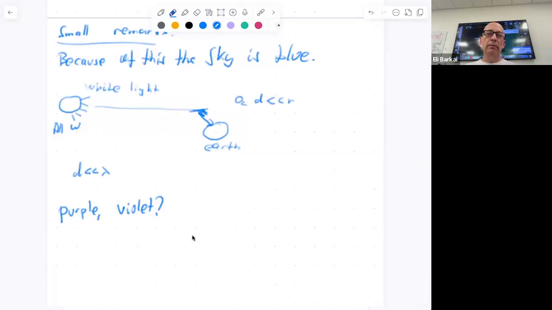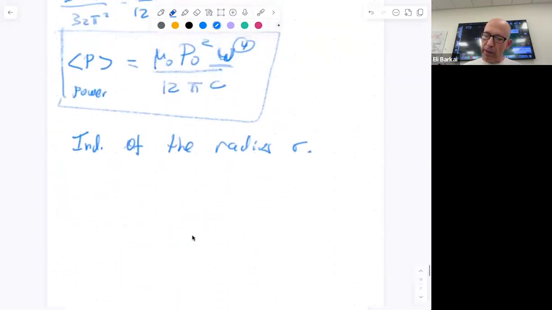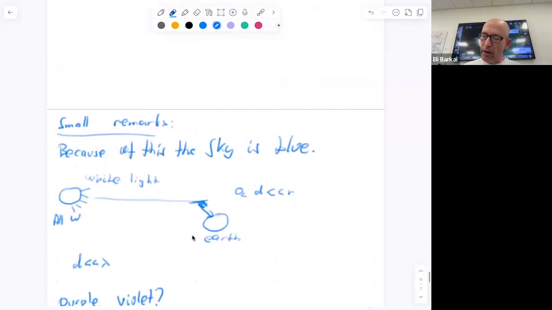So, for me, this is not a good explanation as a standalone. It might say why it's not red and it's more tended to blue, that is fine. But why is it not purple or violet? Okay, then you need to ask ChatGPT, and ChatGPT says two things. One, the sun, I said before that it emits light in all the frequencies. And I said it's white, which means all the frequencies are more or less the same. But this is actually not true. There is some preference to blue over purple and violet.